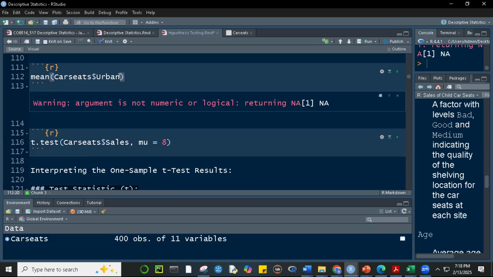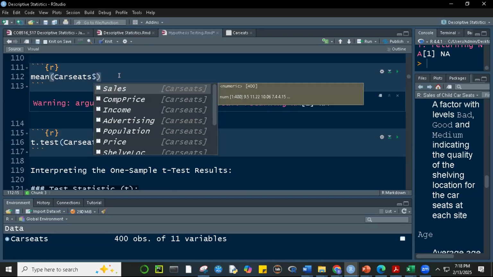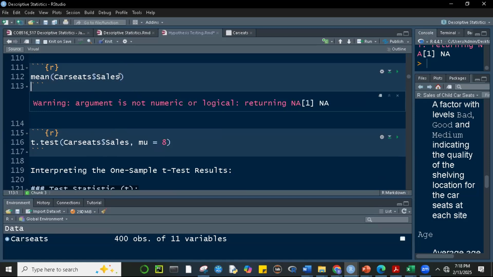So let me replace this by sales. Let me write dollar again. Very convenient so that I don't have to write sales. Tab, Control Enter. There you go. And we're able to get the average of car sales, which is around 7.5.